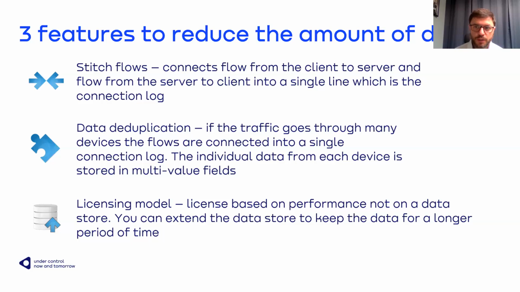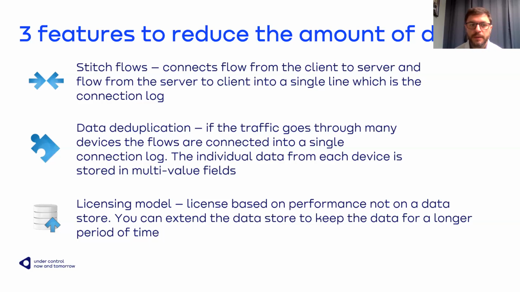It can be a switch in the branch office, the main router in the branch office, the main router in the main office, and some switch in the main office. So we see the same communication for few times, and we receive the two flows from every single device.